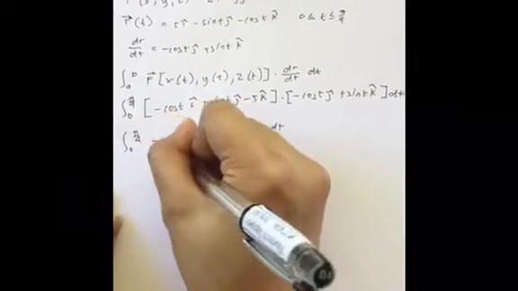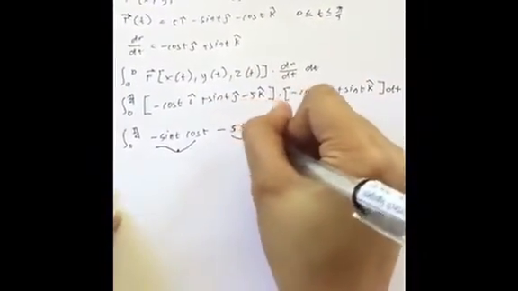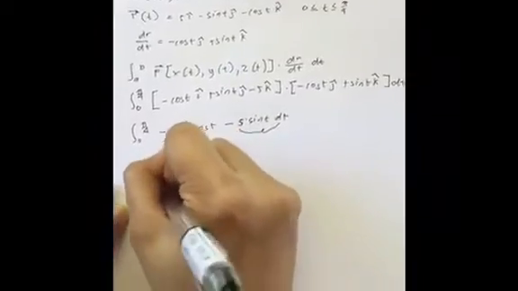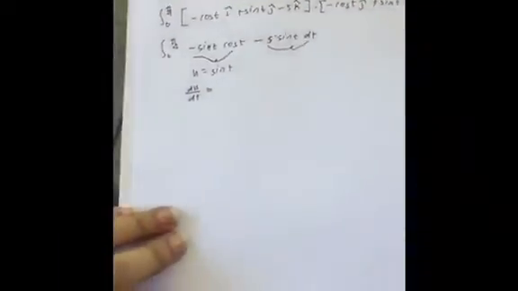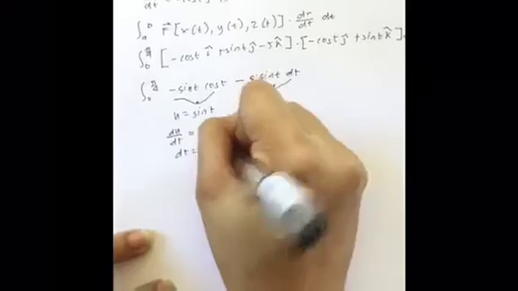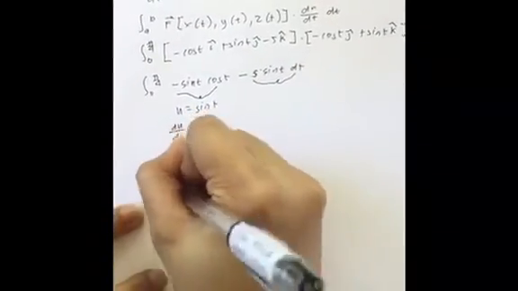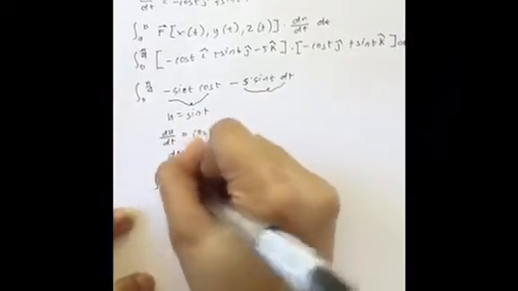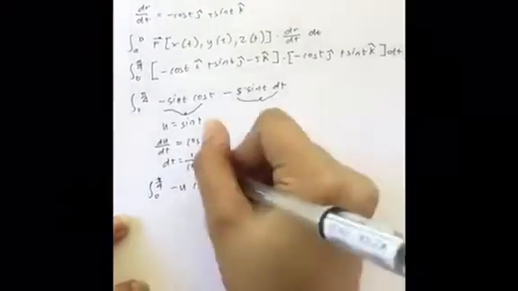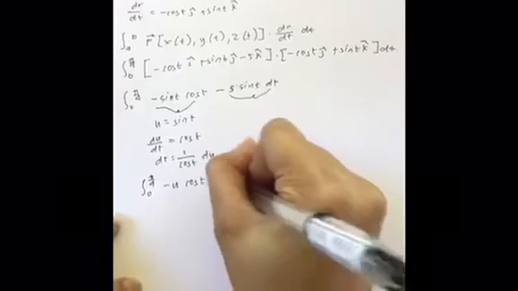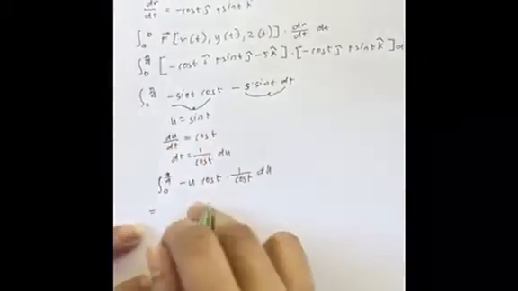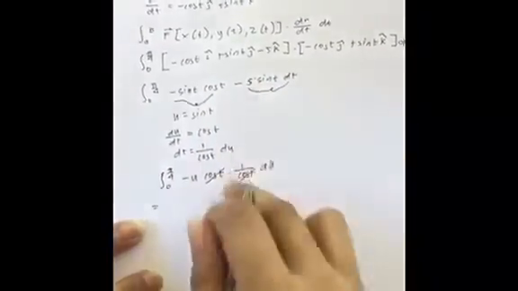So we will integrate first this part, then integrate also this part. So u is equal to sine t, then du over dt is equal to cosine t. Then dt is equal to 1 over cosine t du. And then the integration of 0 to pi over 4 is negative u cosine t times dt, which is 1 over cosine t du. Then cancel the cosine t and then integrate it.